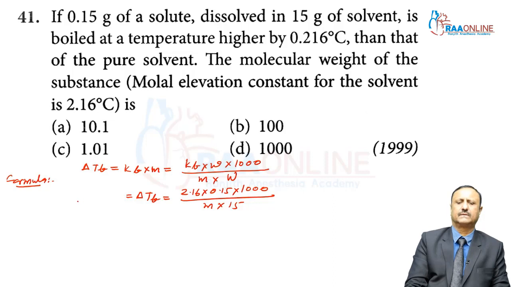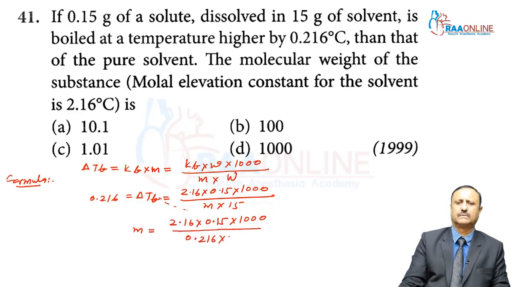You can see here, delta Tb is 0.216. You can put, and you can get the small m here. This 2.16 multiplied by 0.15 multiplied by 1000 upon 0.216.